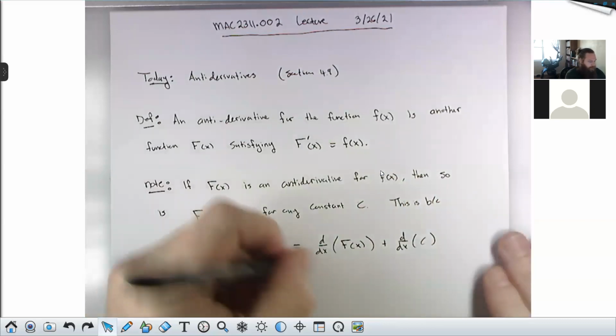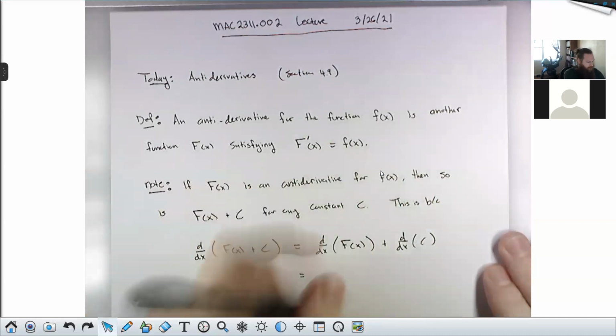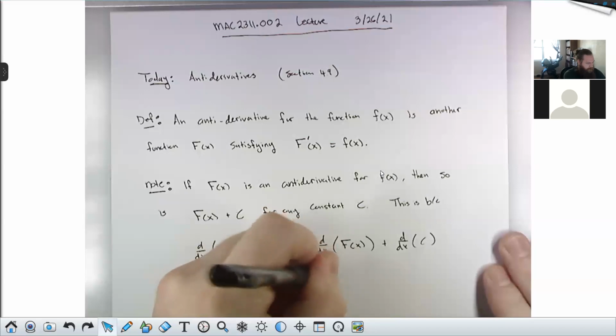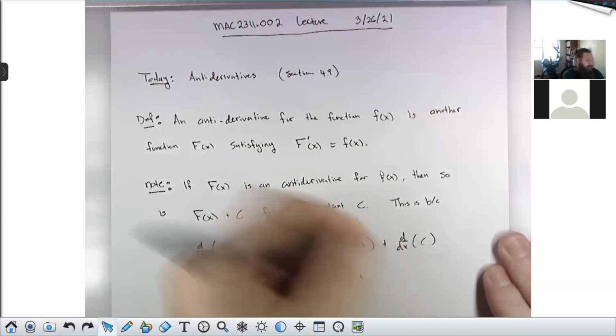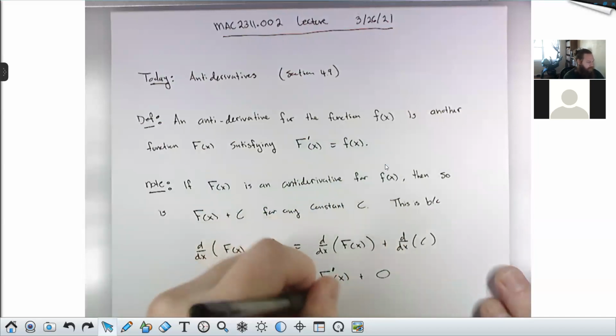The first piece here is capital F primed, right? d/dx of something is the derivative of that thing. So this is going to be capital F primed of x. And the derivative of c is 0, right? Because c is a constant. Differentiate a constant, you get 0. And capital F primed here is by definition little f, because capital F is an antiderivative for little f, which means that capital F primed is little f. So this is little f.